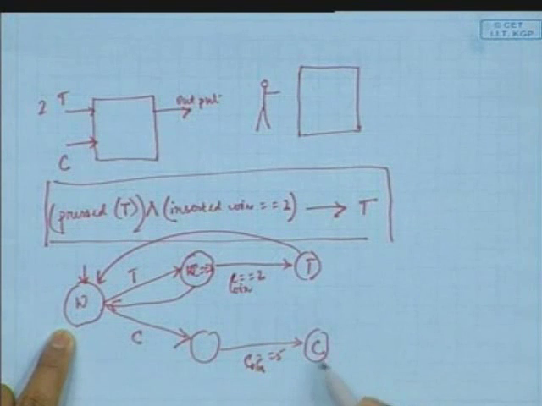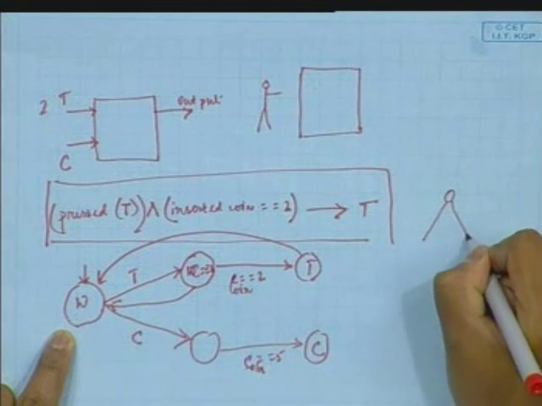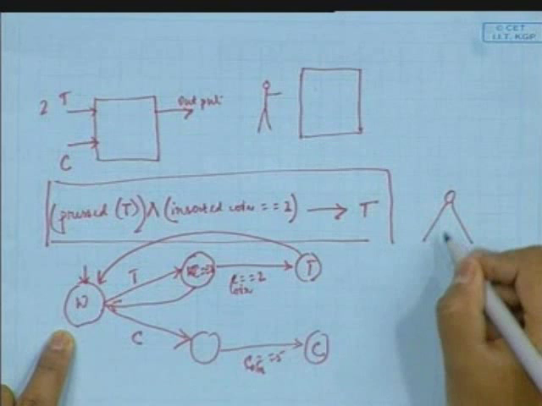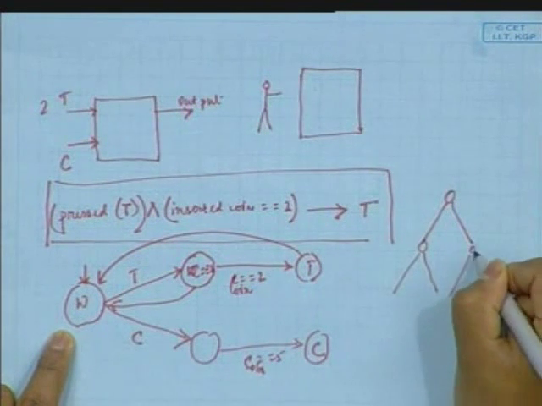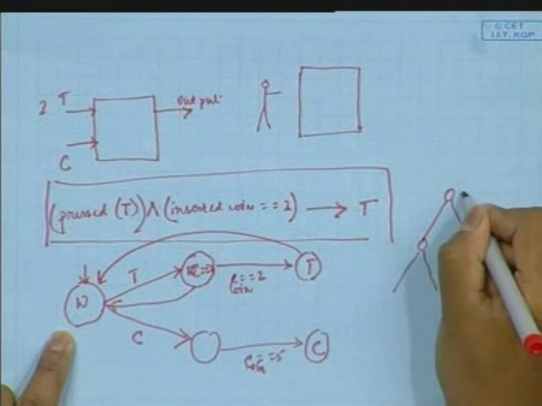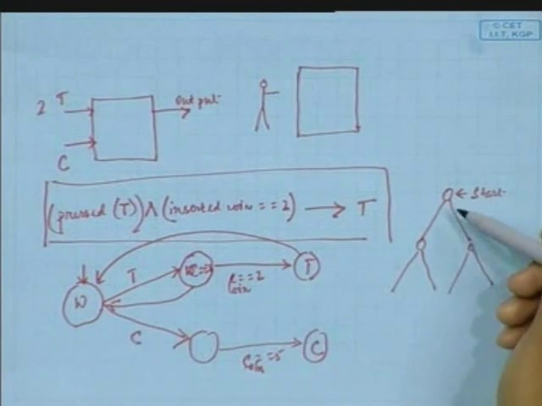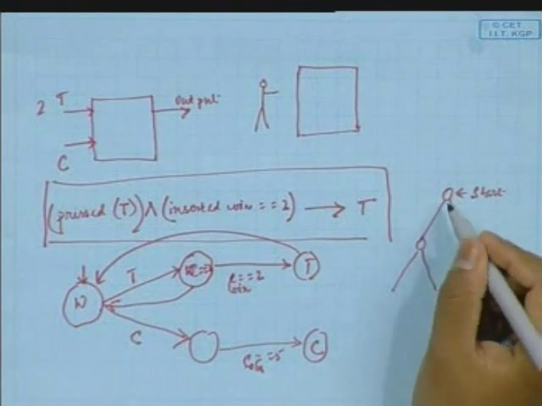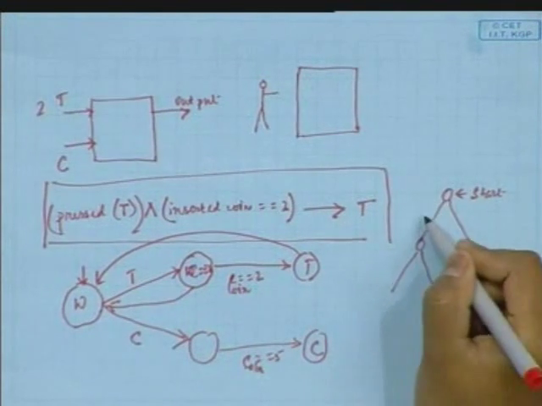Then depending on the coins inserted, it can go to this state or this state. So if you enumerate the runs of the machine, that means you unfold the state machine, you will get a tree form of structure starting from the starting state, which specifies all possible sequences of actions.